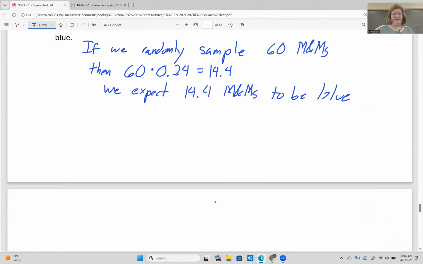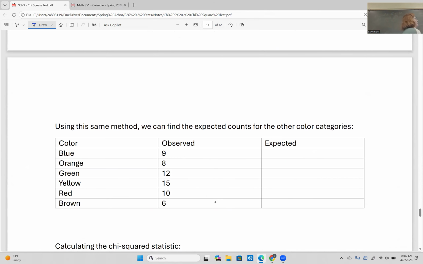So we can do the same idea as with my observed, I can find my expected with 60 times 0.24, which was 14.4.